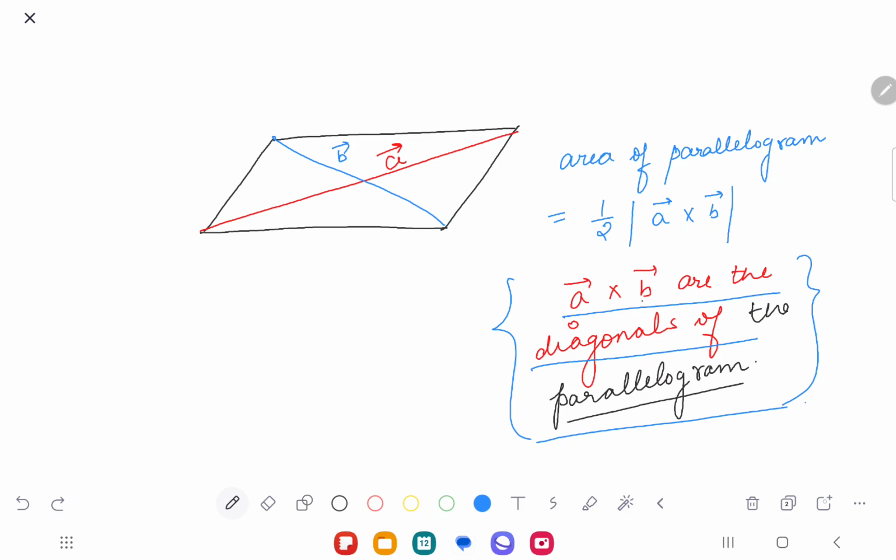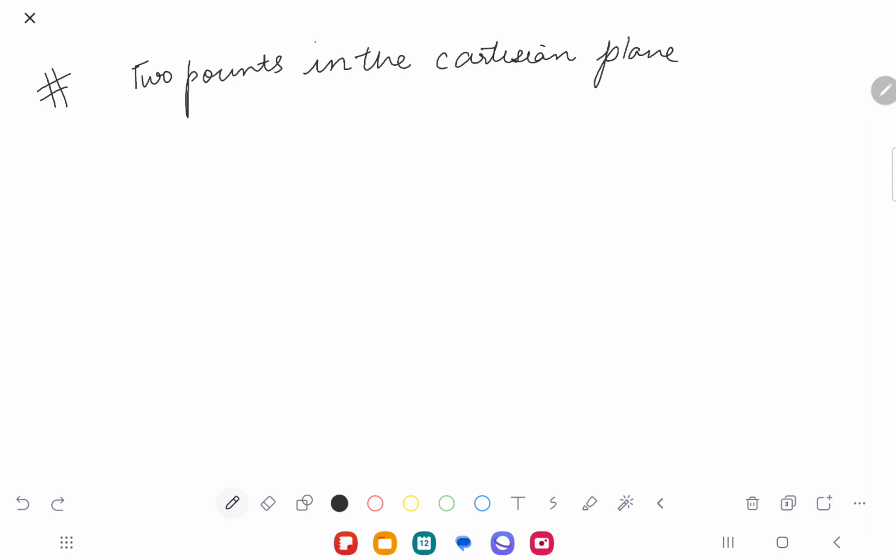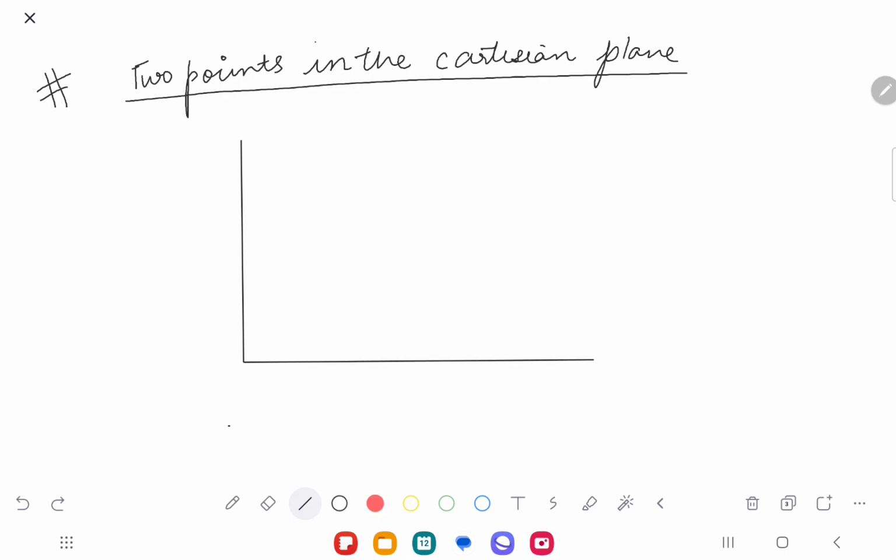Now understand, the next type of question that you will get. They will give you 2 points in the Cartesian plane, and you understand how that works. For example, I have this y-axis and this as my x-axis.